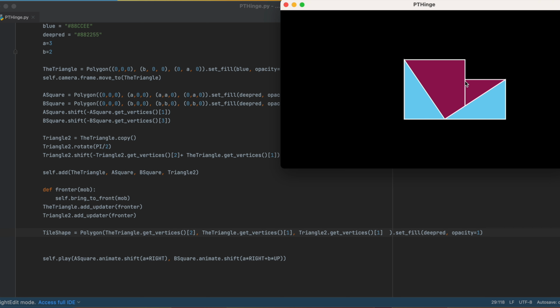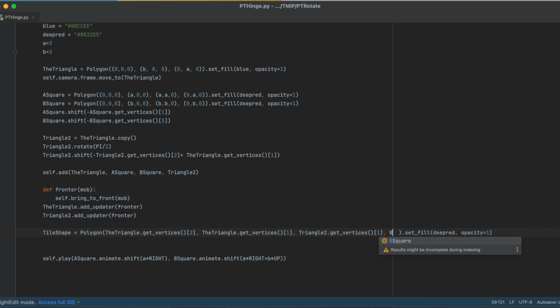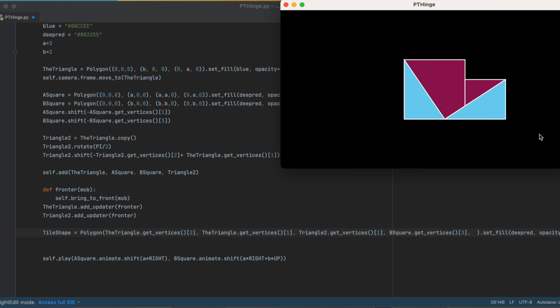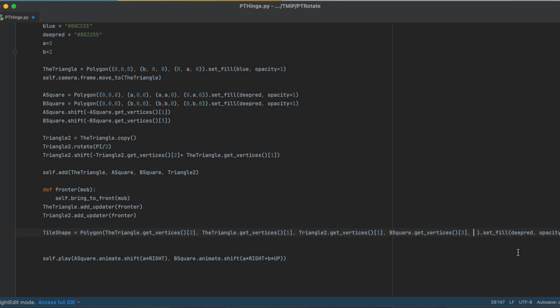So this is the vertex numbered 3 on the B square. So B square, get vertices 3. And then it goes to, this is the vertex numbered 2 on A square, I think. So A square dot get vertices, and if we're lucky, 2.